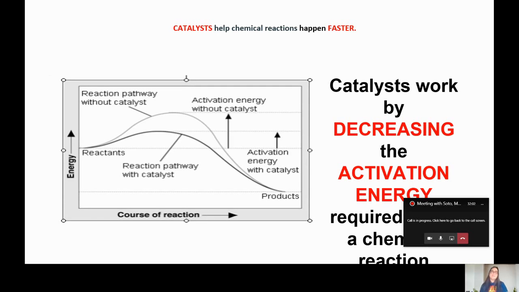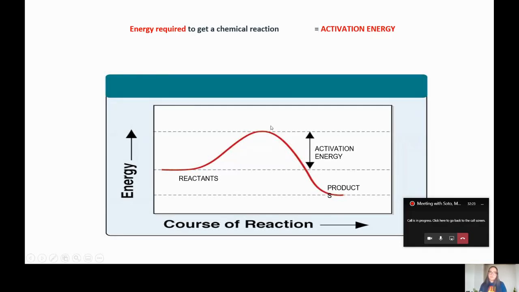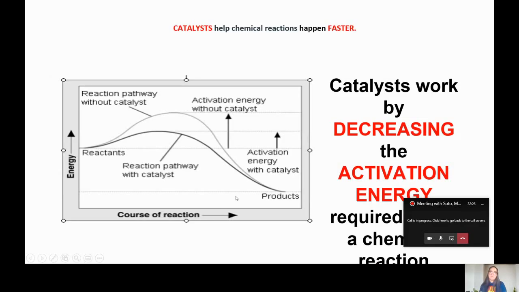Now, we have certain enzymes called catalysts that are able to help us do this activity faster. So they decrease the amount of energy you need in a chemical reaction. So for example, this curve here, the first one, the light colored one, is just like the one you saw before here. You have your curve of how much activation energy you need.